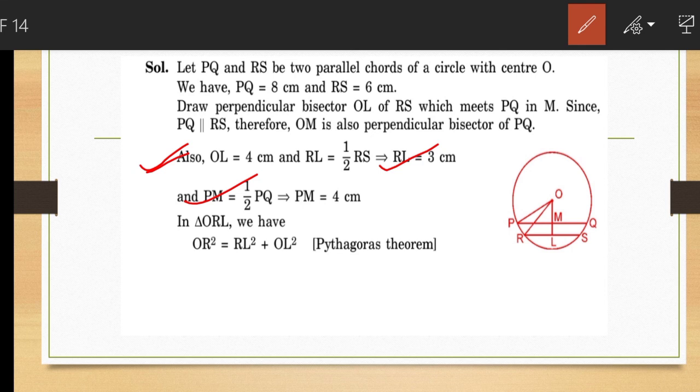So PQ was 8, PM will be 4. Now we are getting a right angle triangle ORL. Here RL is 3, OL is 4, so we can easily find OR, which is the radius, and OR will be equal to OP since both are the radius of the circle.